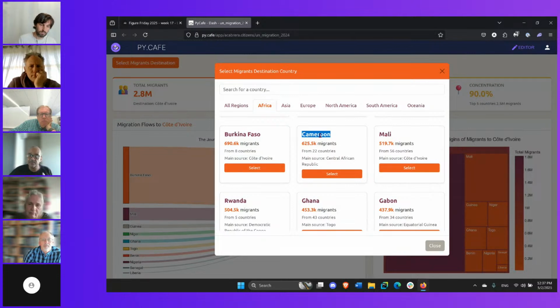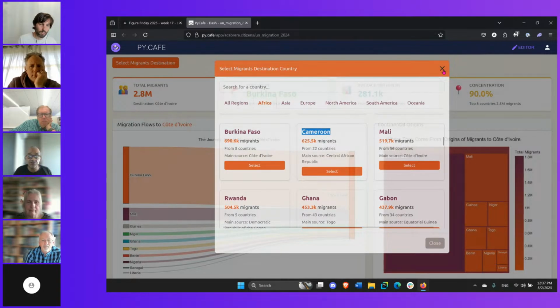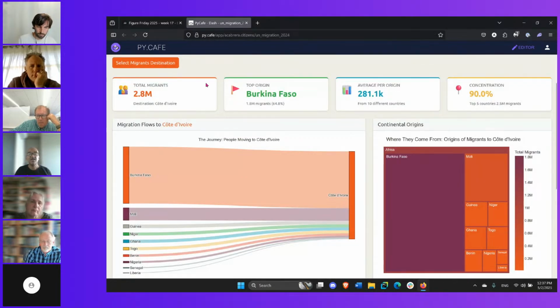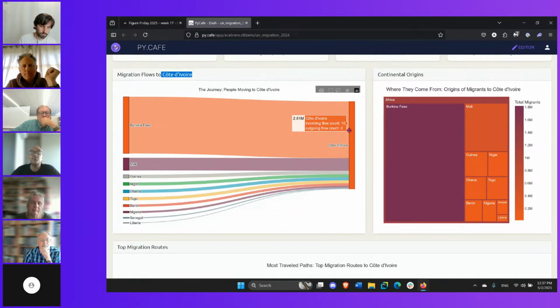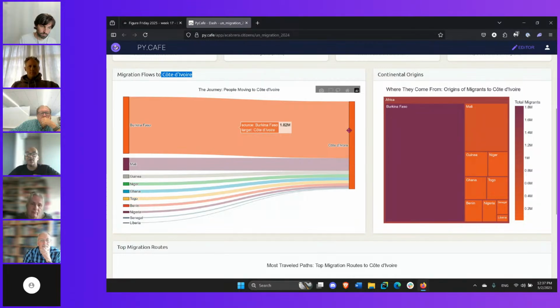The idea here was three charts. One is a Sankey diagram, where I want to show the immigration flow to, in this case, Côte d'Ivoire. I don't know the exact pronunciation. This one is for illustration, let's say a qualitative chart. I also include the continental origins.